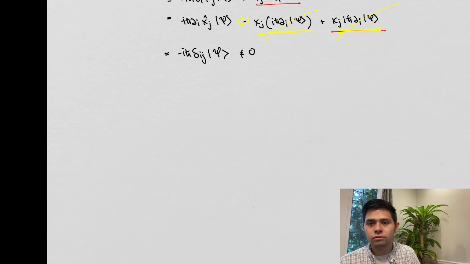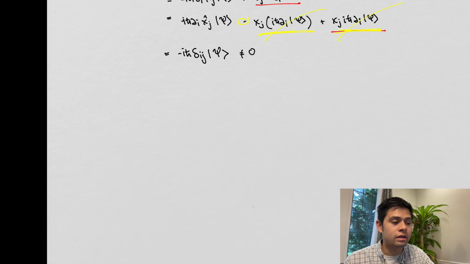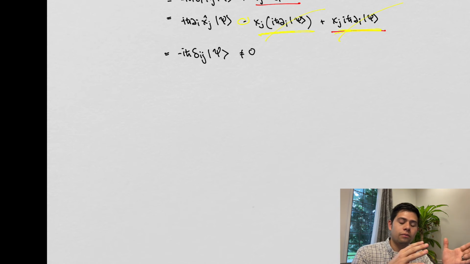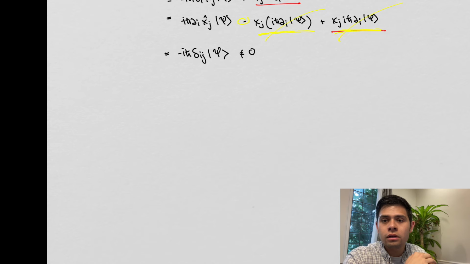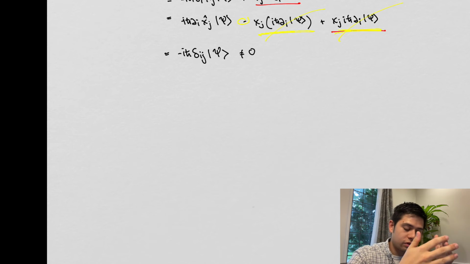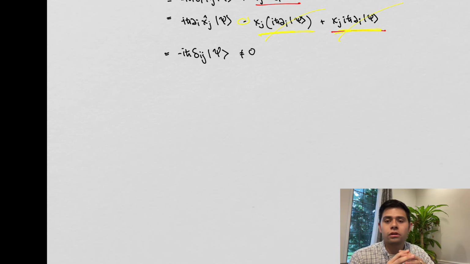This is what gives rise to quantum fuzziness. And this is going to help us understand annihilation and creation operators in the context of Klein-Gordon and Dirac Lagrangians.